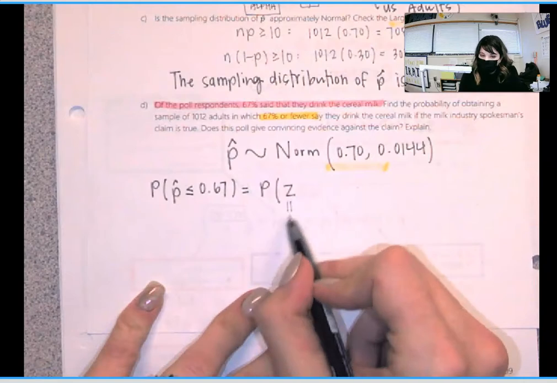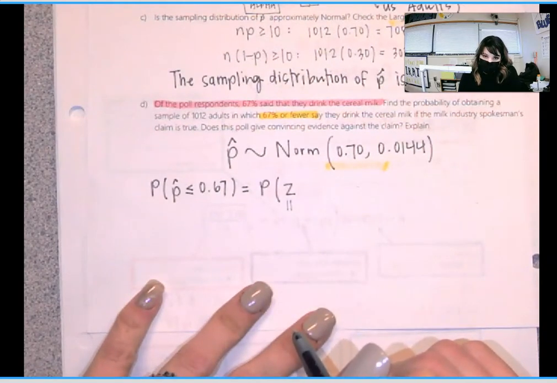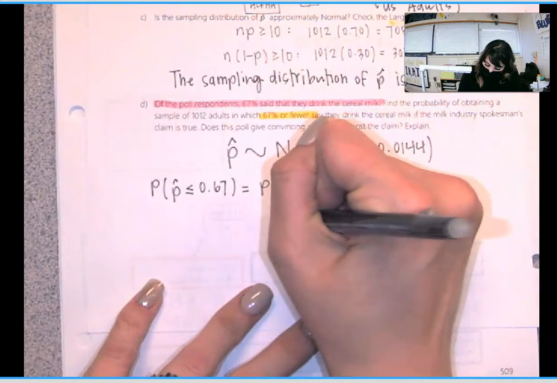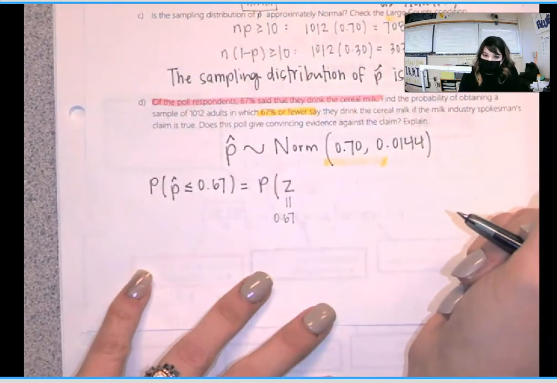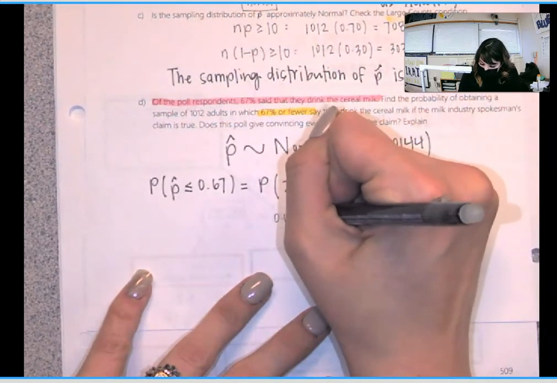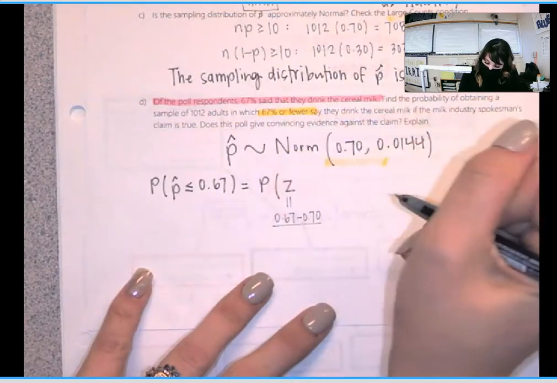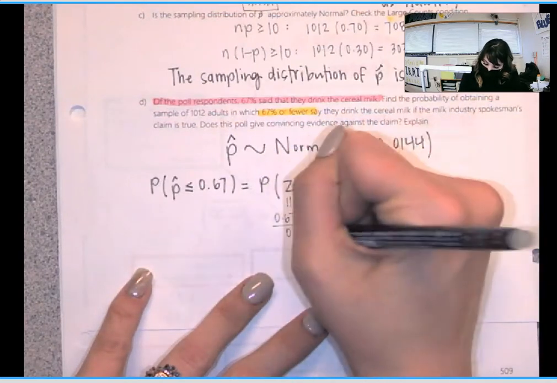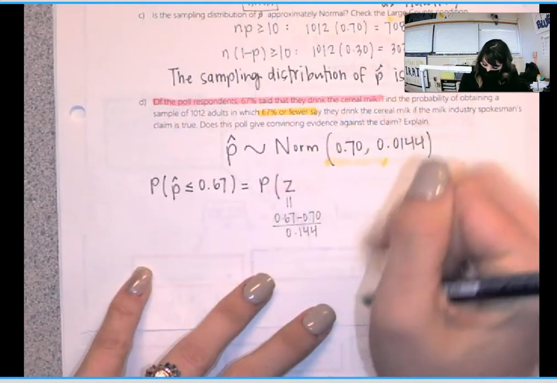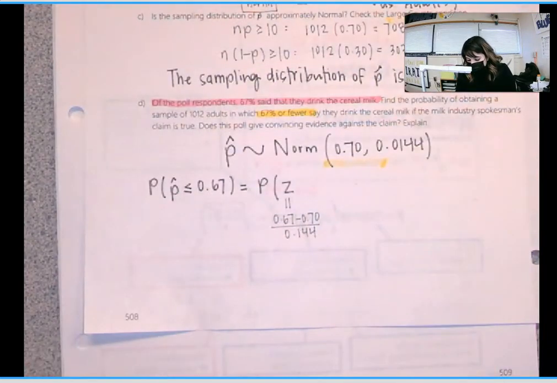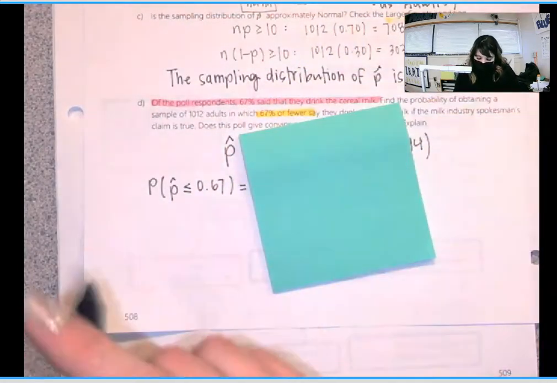So I'm going to write it underneath my z. We take our sample value, subtract the true value, and divide it by our standard deviation. If you have a Post-it note handy, I would grab one so that you can keep this handy.